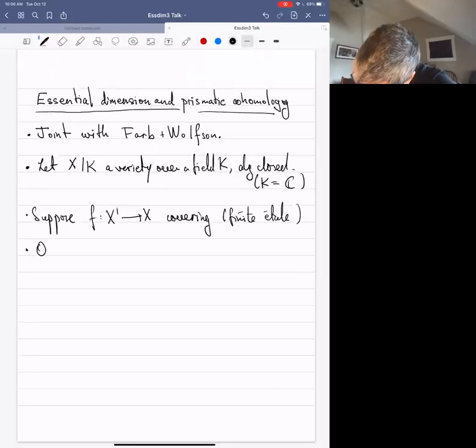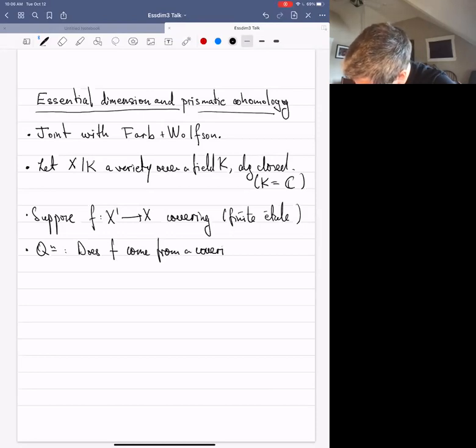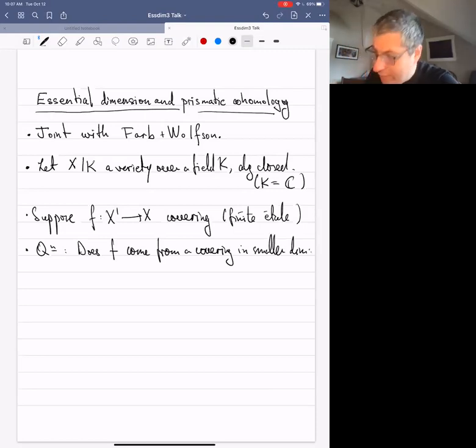So the question: does F come from a covering in smaller dimension? And in fact, you're interested in this question only birationally. So that makes the question harder.